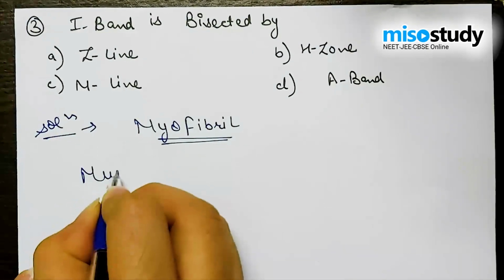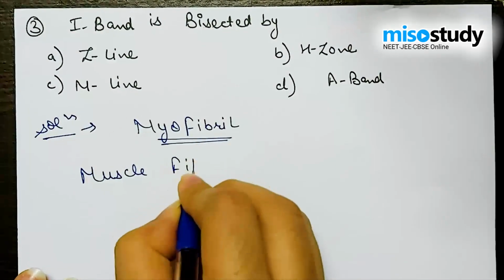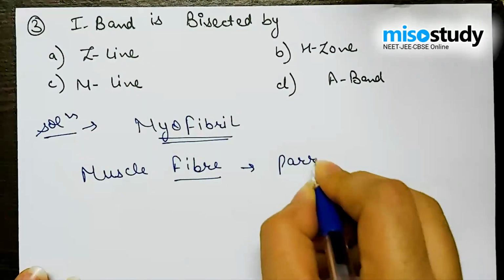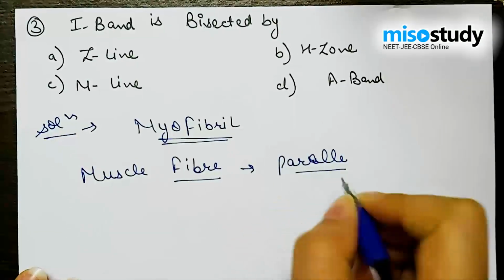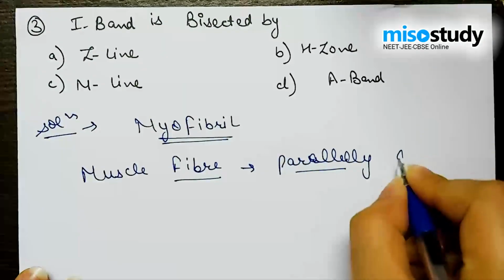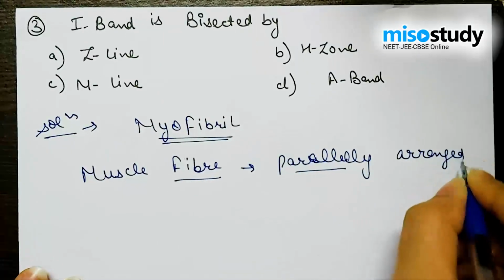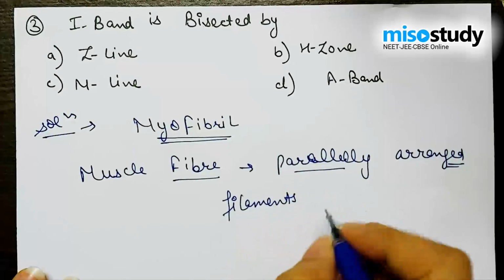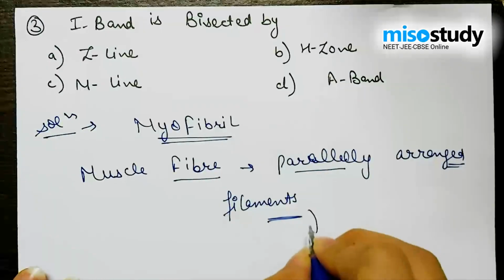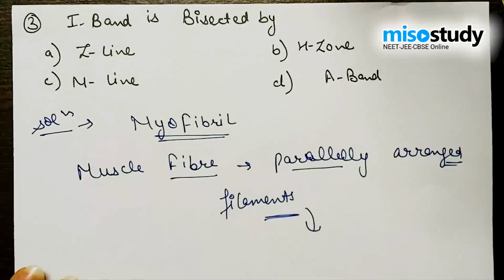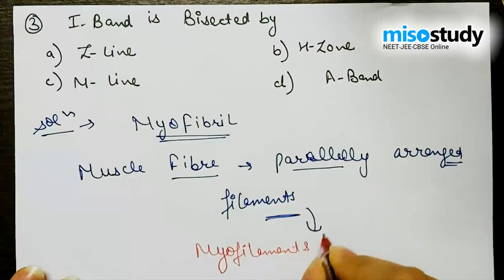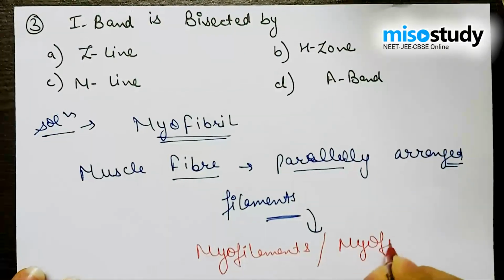Myofibrils are muscle fibers made of parallel arranged filaments known as myofilaments.